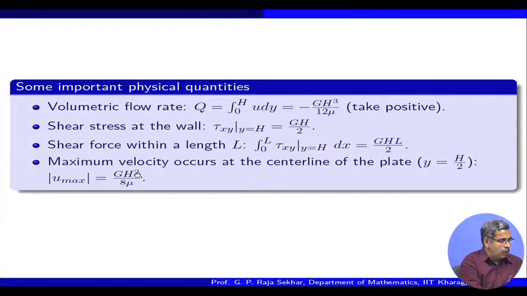It varies with the square of the distance between the plates, and it is always proportional to the pressure gradient. Okay. So, one can normalize. Some people define G by 8 as a new G. That means we are normalizing the pressure gradient and simply call it G h square by mu, so there is no prefactor. These are some adjustments.